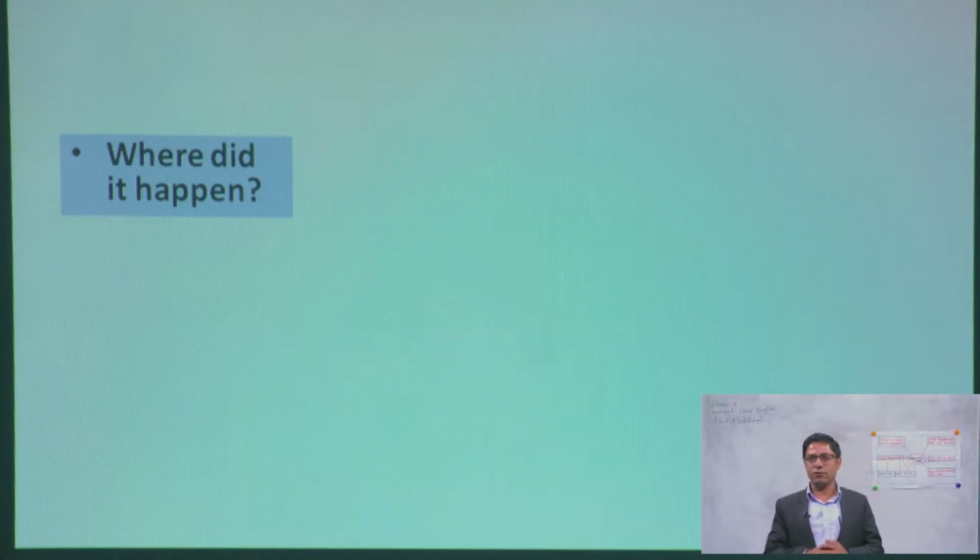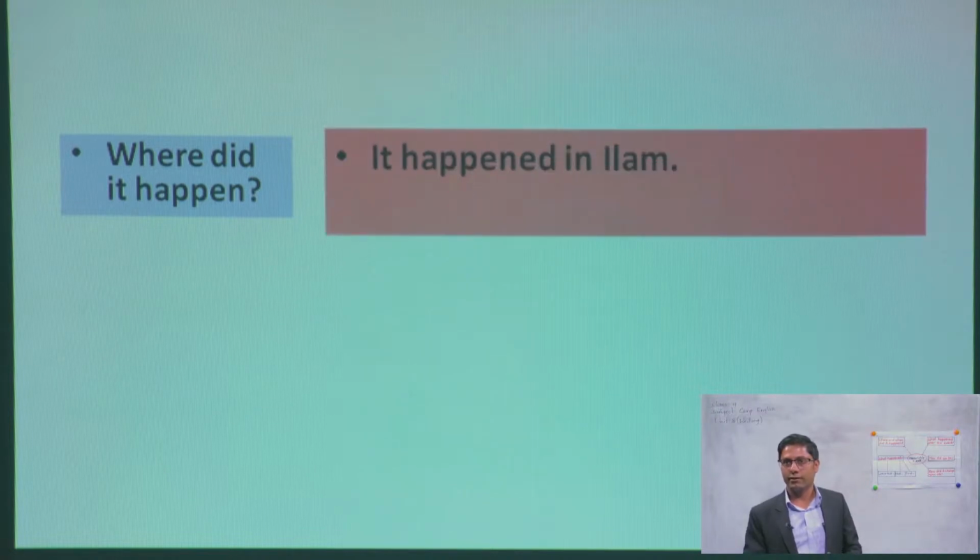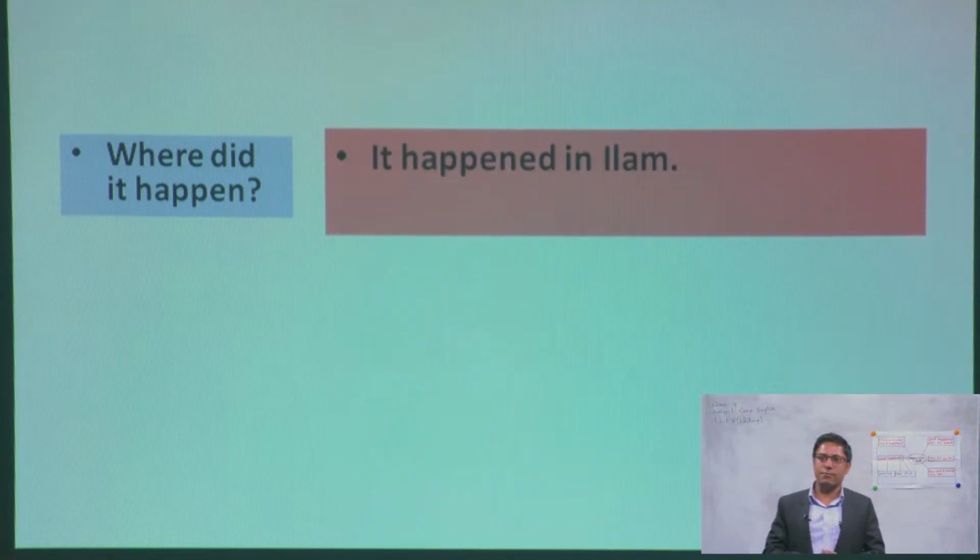See the first question. The first question was, where and when did it happen? But I have divided it into two parts. See the first part, where did it happen? So you may write, for example, here I have written it happened in Elam. You can write the place, maybe your village, or maybe your school. Where did it happen? You write there.